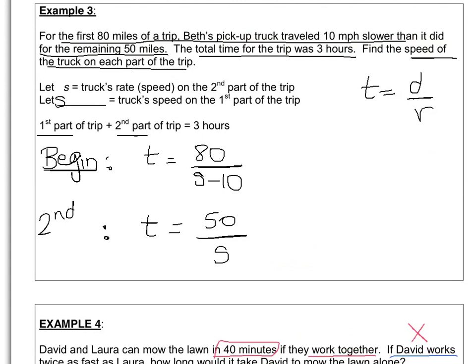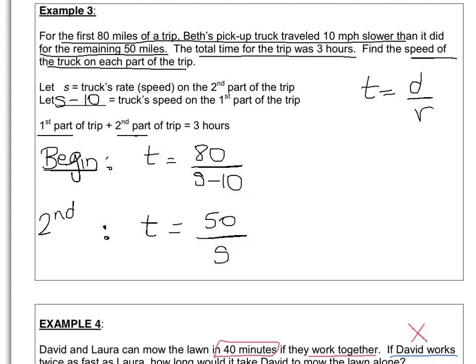So if 10 miles slower, it means s minus 10. Probably he was driving and then he thought, oh my god, I have to pick up the speed to be able to be there on time, so he went faster. So the beginning distance was 80 over s minus 10 because he was going 10 miles slower. The second part of the trip, he was traveling 50 distance, and he was traveling s.